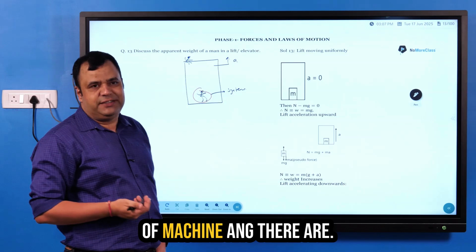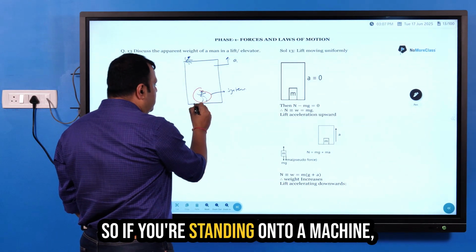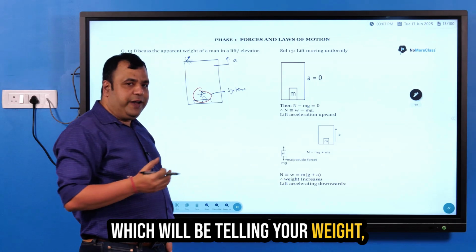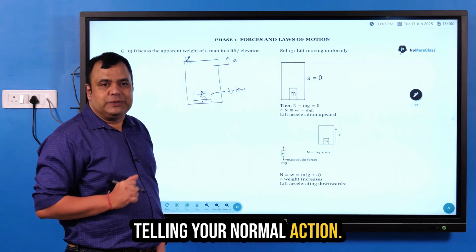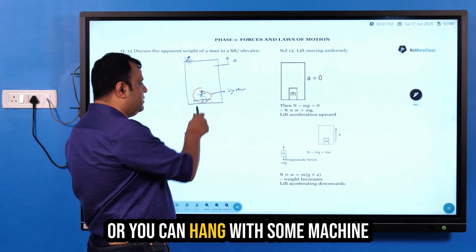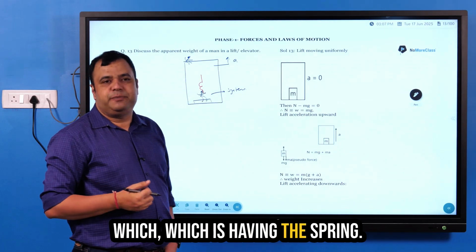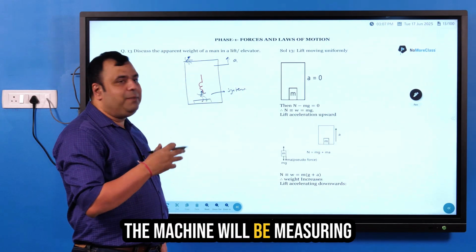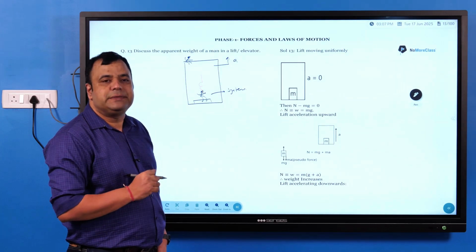There are generally two types of machine. One is where you stand. If you are standing on the machine which will be telling your weight, the machine won't be telling your mg, the machine will be telling your normal reaction. Or you can hang with some machine. If you're hanging with a machine which has a spring, the machine will be measuring the displacement in the spring, or you can say the value of kx.